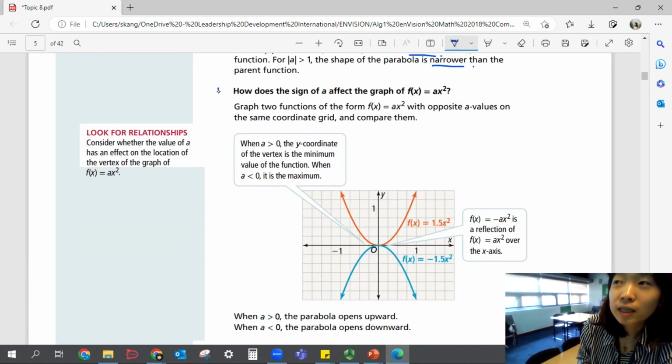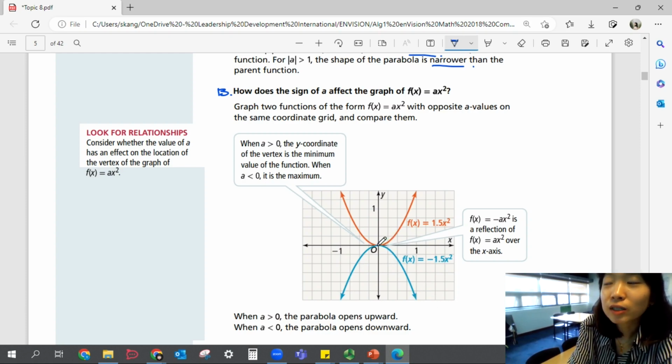Part B, how does the sign of a affect the graph of f of x equals ax squared? Instead of looking at the values, let's look at the sign. What happens if it becomes negative? Then all your values of y become negative.